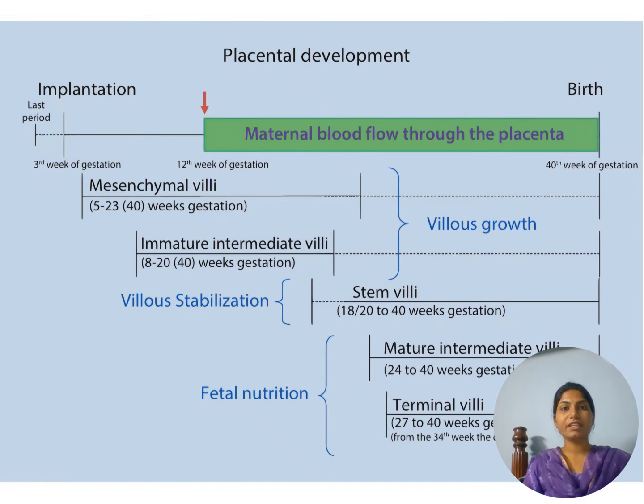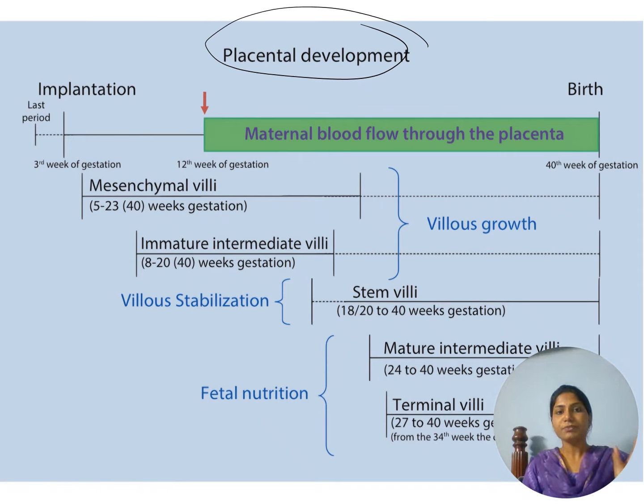So now we understood about the four phases of placental development. This is a picture where we have understood from implantation. By around third week of gestation, there is formation of villi, and these villi again get differentiated into four types.